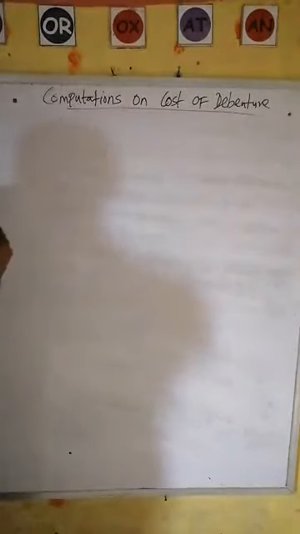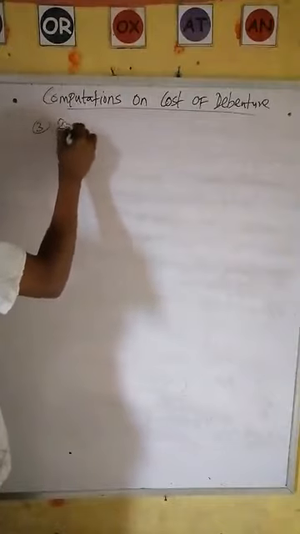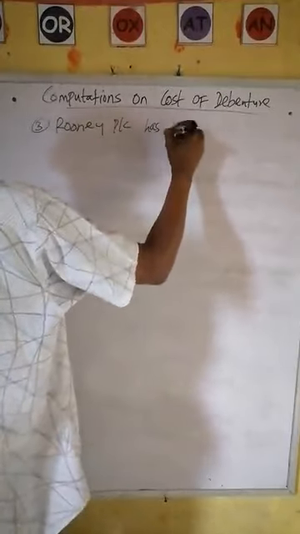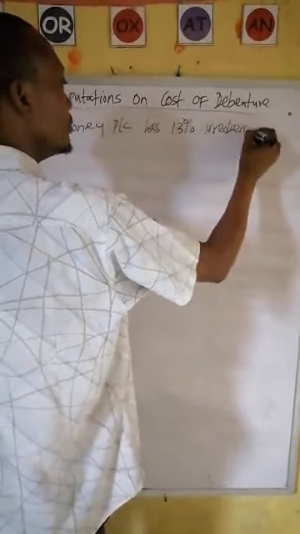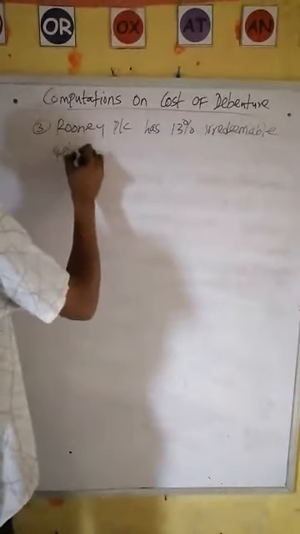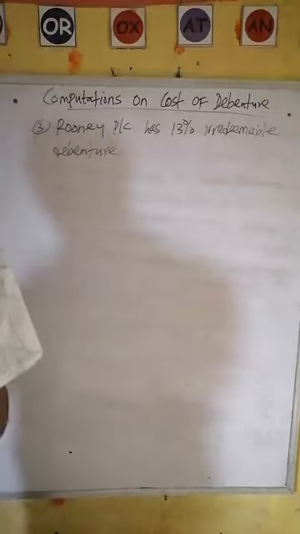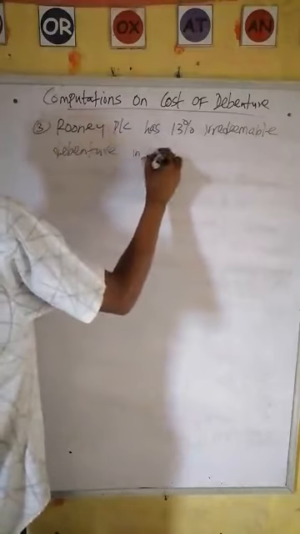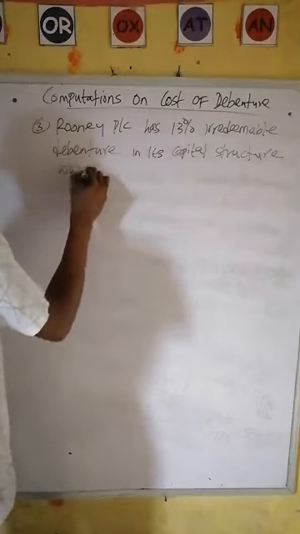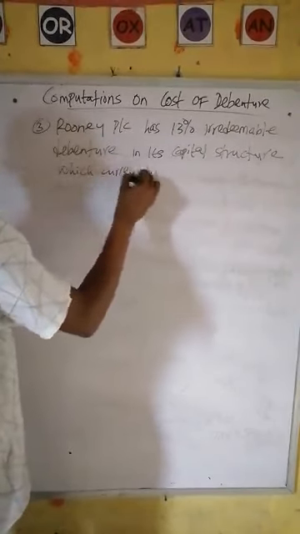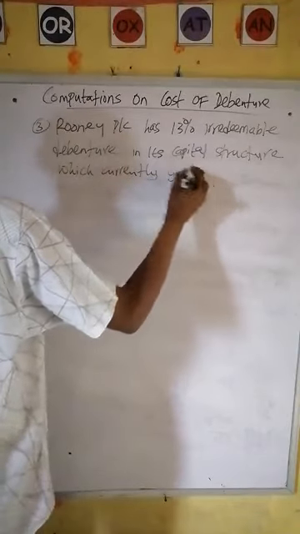Let's look at another question. Set 3. Rooney PLC has 13% irredeemable debenture in its capital structure, which currently yields 8%.